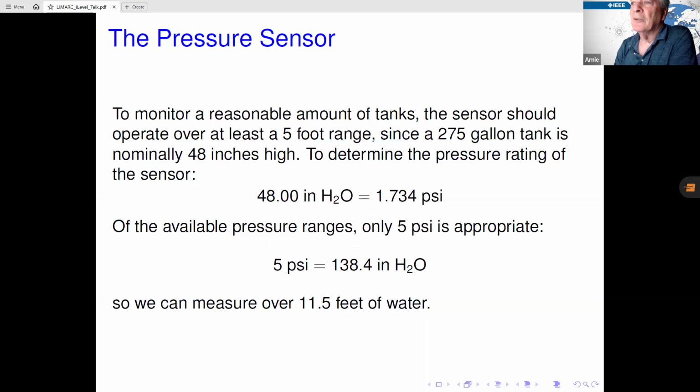So in fact, we could measure a roughly 15-foot high tank of oil. So this is the reason why we settled on 5 psi as the pressure sensor. They come in ranges of 1, 2, 5, and then they go up to something like 100.